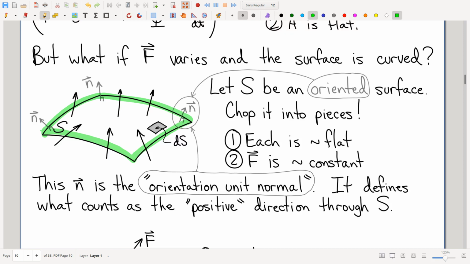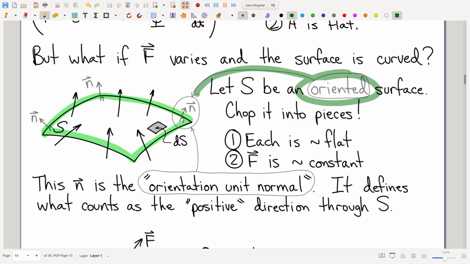Well, there's two different directions that fluid could flow through. Fluid could flow through generally upward, or it could flow through generally downward. Those are importantly different. We need to distinguish between these two things in practical, real-world scenarios. And the way we do that is with this thing called the orientation.